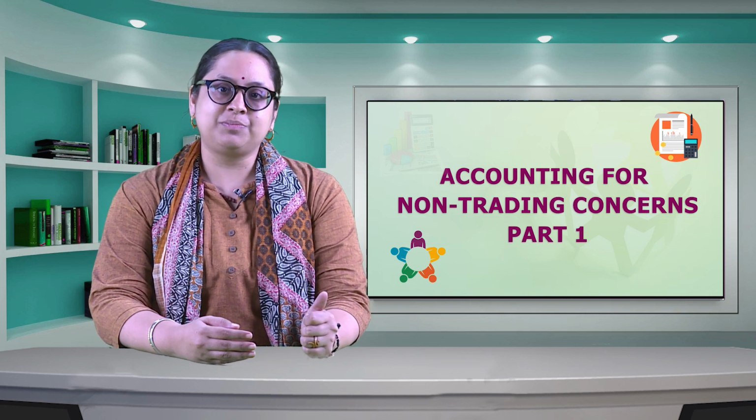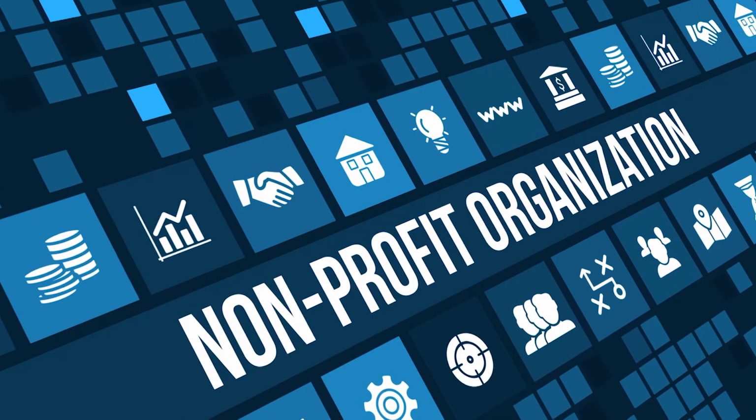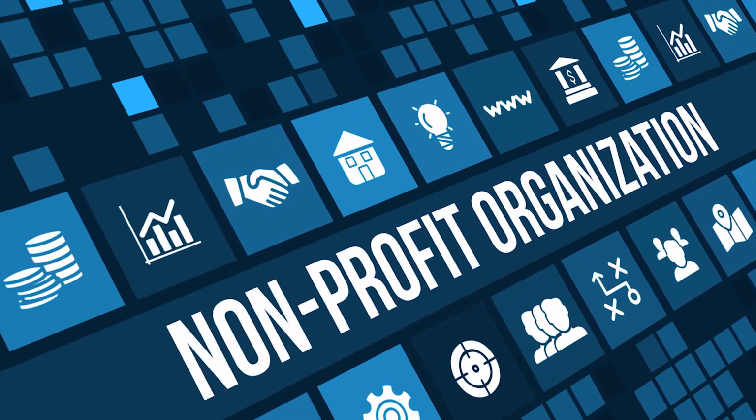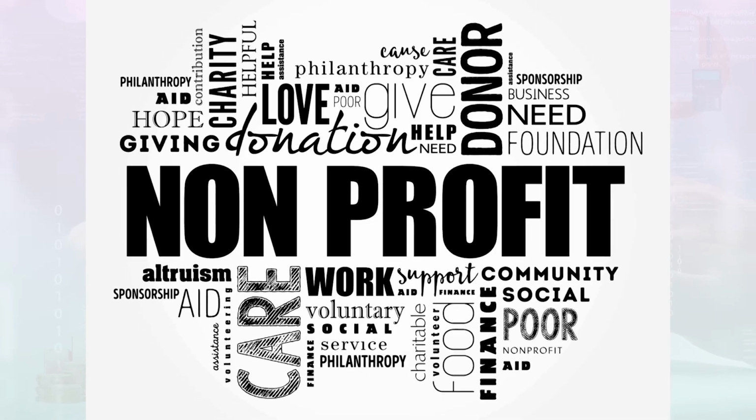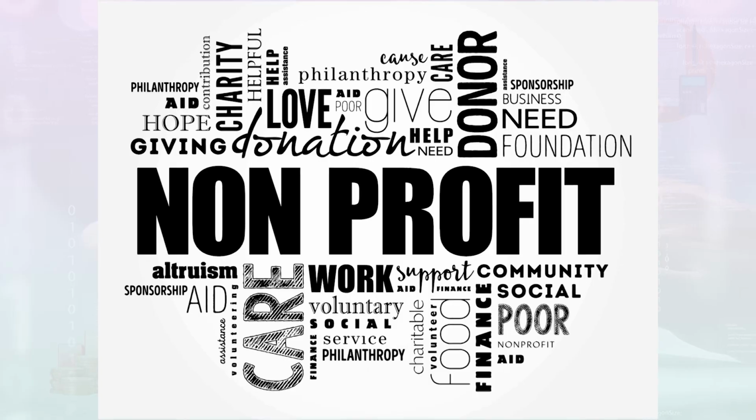Unlike business enterprises, non-profit making organizations are also working. Their basic objective is to provide services to their members or to society. There are several institutions in society that do not have an objective of generating profit.